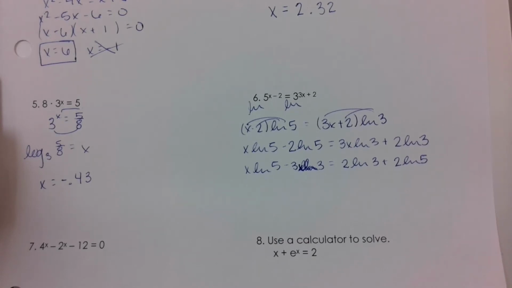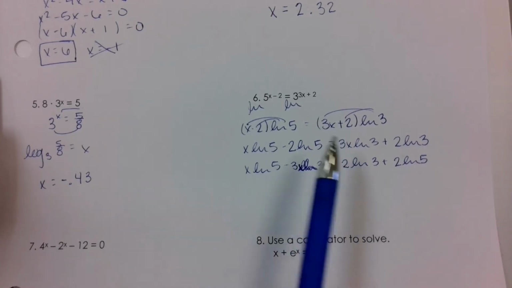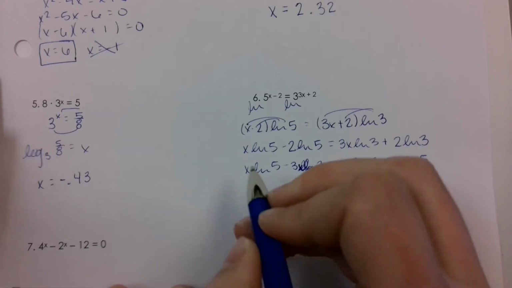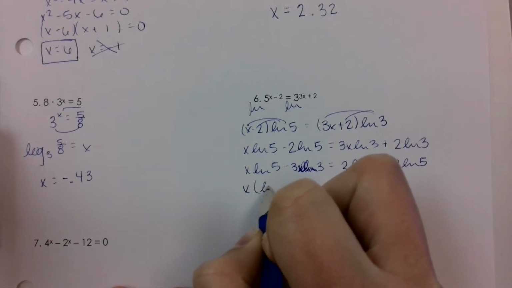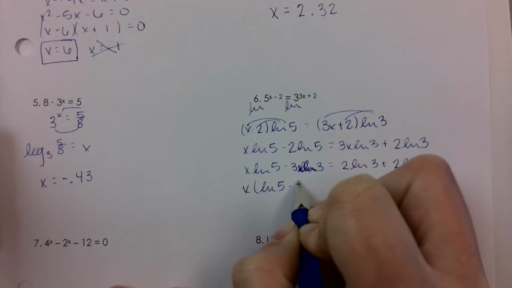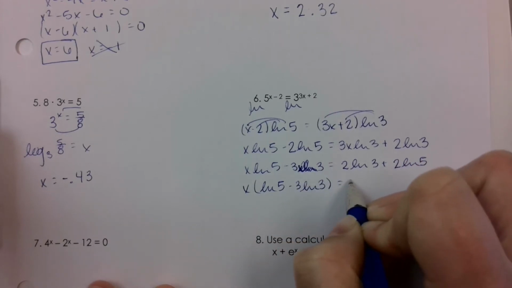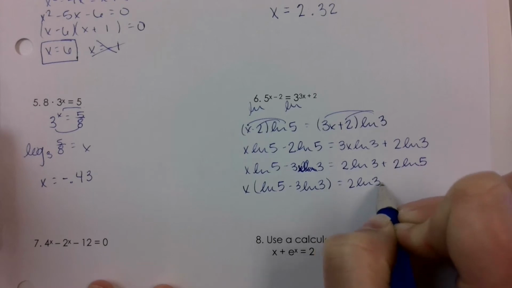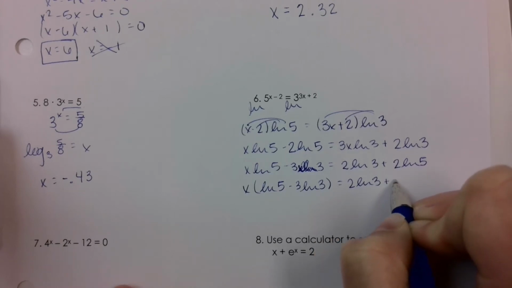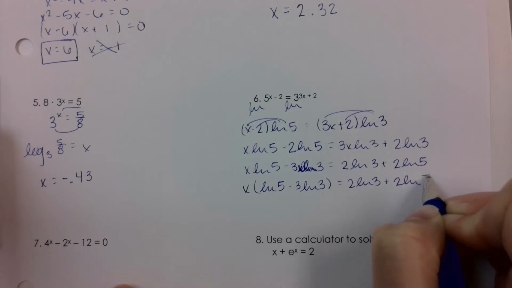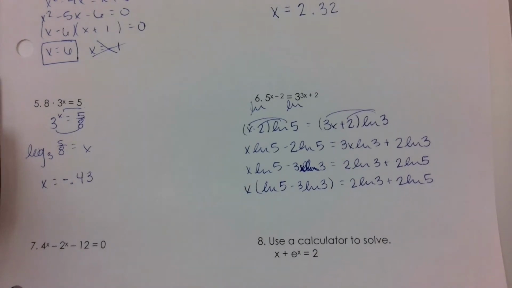What are we solving for again? Did both of these have an x? Yeah. Can we pull an x out? Then how do we get x by itself?